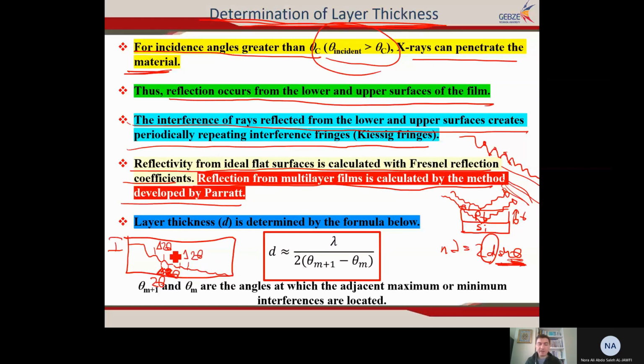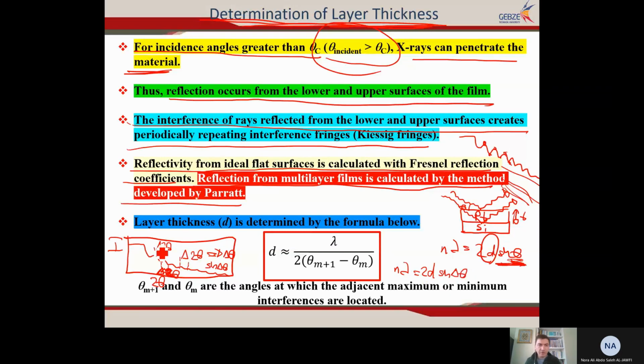Okay, it doesn't matter. If you have a single layer on a substrate, just get delta theta from delta 2 theta, and then get sin delta theta. Remember Bragg's law, n lambda equals 2d sin theta; instead of sin theta, just use sin delta theta.